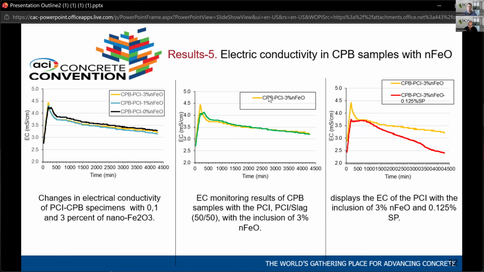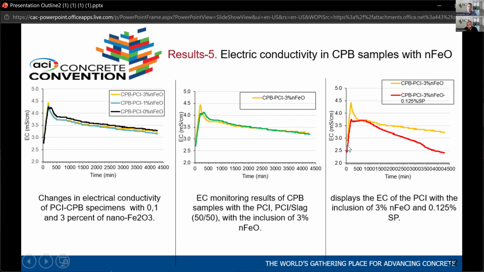This graph, it's not showing in the legends, but I'm going to tell you that the green is with 50% slag, with 3% of nanoparticles, but the yellow is only 3% of nanoparticles of iron without slag, which means the more slag you have, the less hydration you have because the activity of the ions is less.